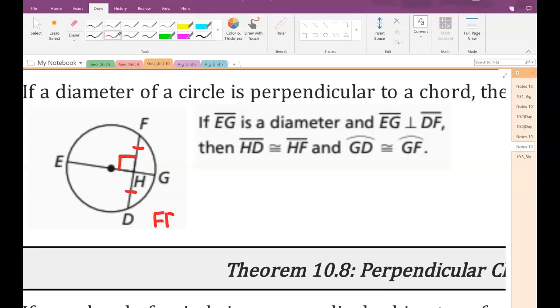FD would be our full chord, and then we're bisecting that into 2 pieces. So our 2 chord pieces are congruent, which would then also mean, using that last theorem, that these 2 minor arcs would be congruent as well. Minor arc GD is congruent to minor arc GF.